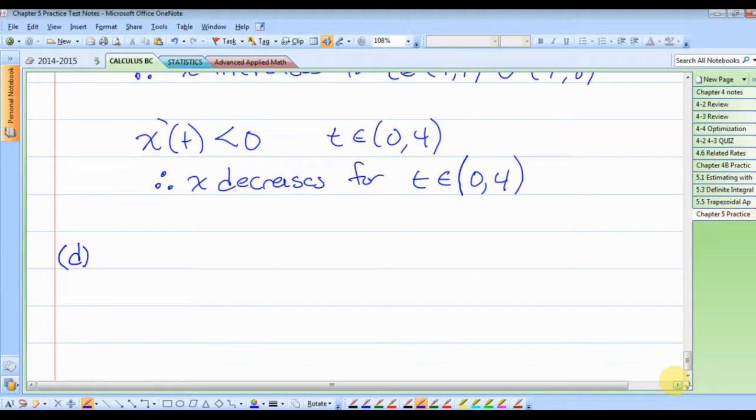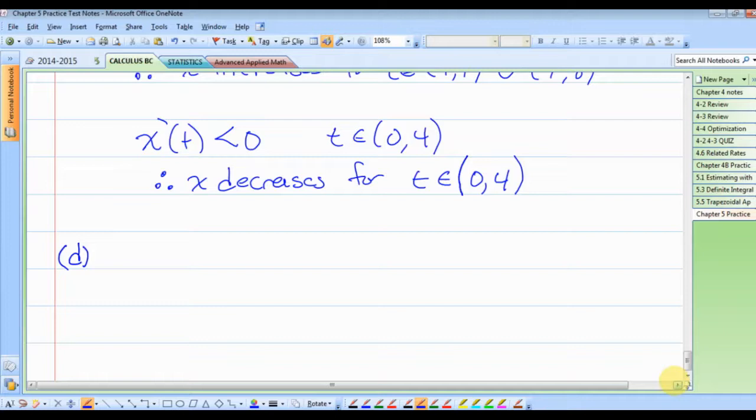Okay, but wait. We need to find when x is decreasing or increasing. Do I have a graph of x? No, I have a graph of v, which is the derivative of x. So what am I looking for in the derivative? Where it goes from negative to positive.